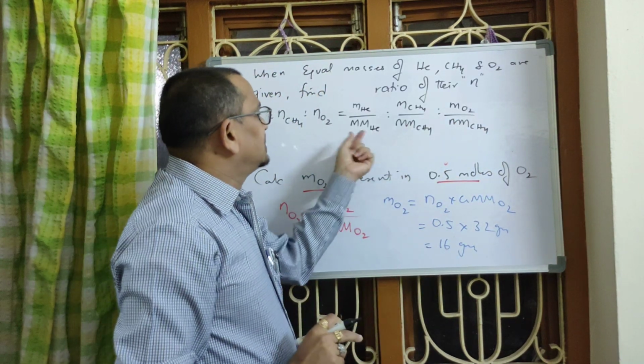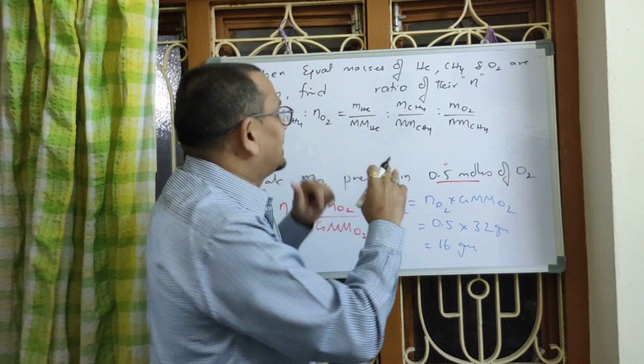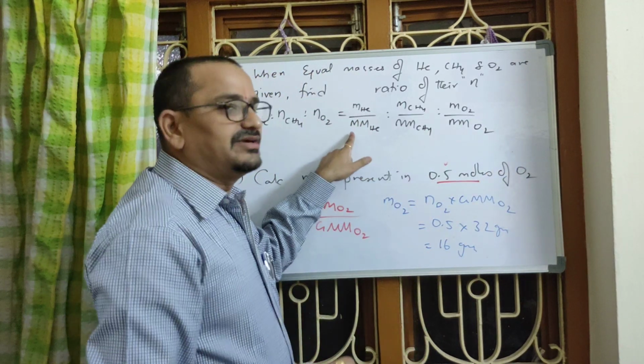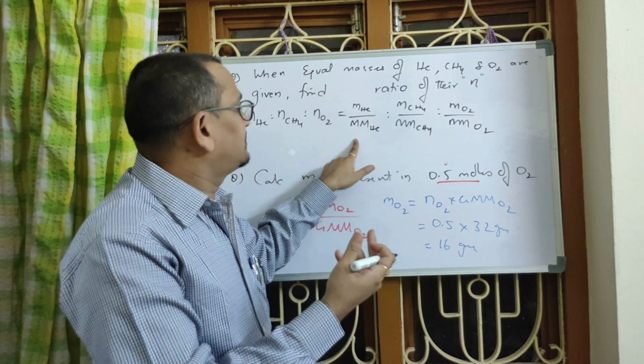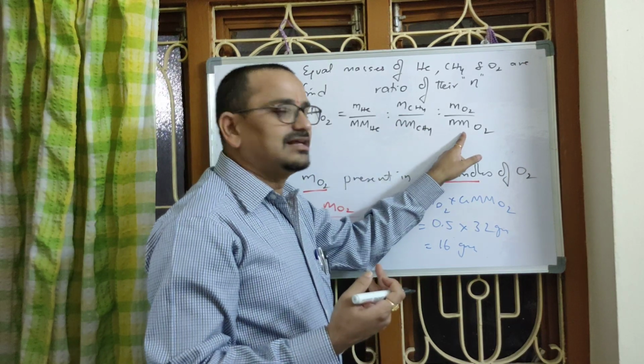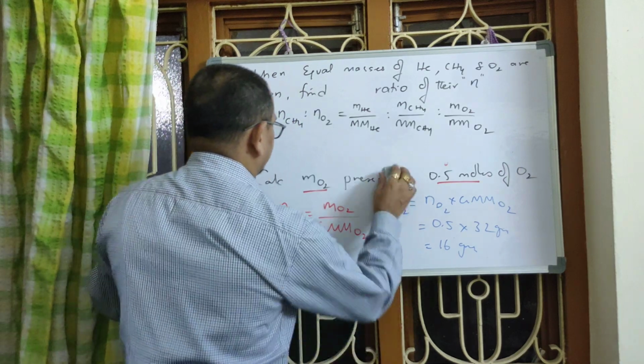If it is an atom, the molar mass can be taken as the gram atomic mass. If it is a molecule, take the gram molecular mass. Here also, gram molecular mass. That's a simple point.